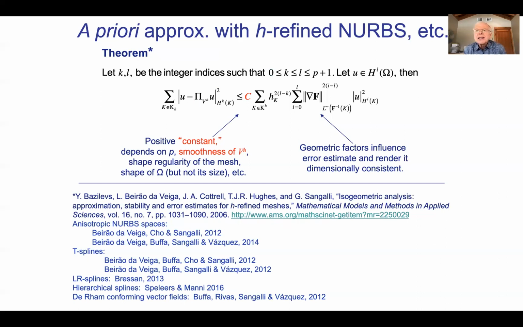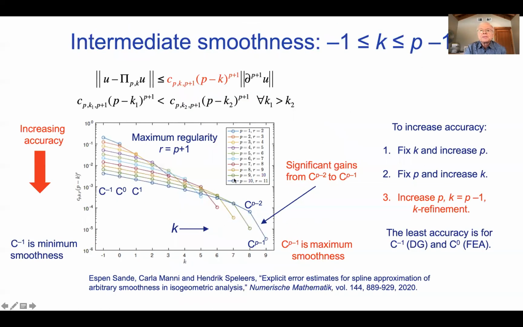So it doesn't look like anything's different, but there's a lot hiding in the proverbial constant. It depends on the polynomial order, it depends on the smoothness of the space, which is a differentiator, and shape regularity of the mesh, et cetera, et cetera. Well, once you have this, you can prove theorems to your heart's content, and that's been done. So there's lots of that around, as you can see from some of the references below.